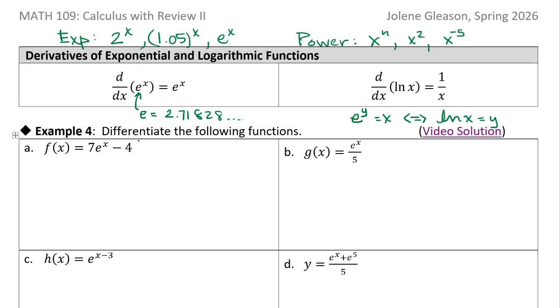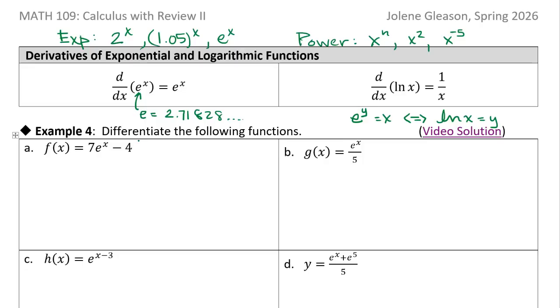Okay, so we're just going to practice some problems with taking the derivative of functions that involve e to the x and natural log of x. So for this first one, we're going to remember those rules that we had before with constant multiples of a function and sums and differences of functions as well.